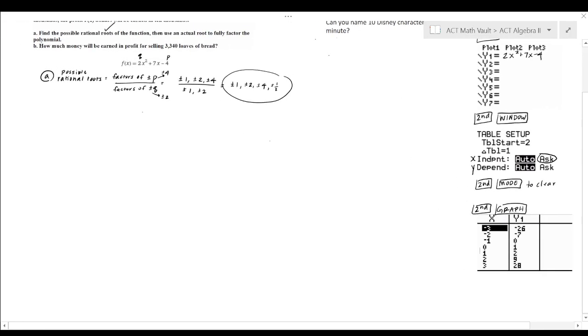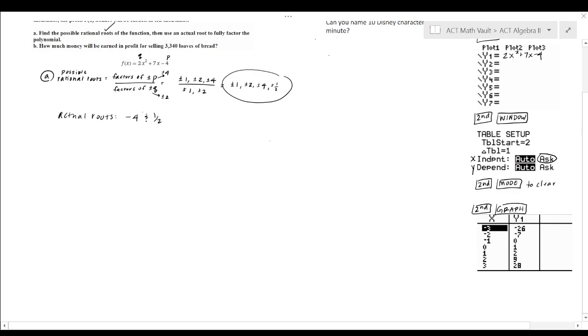Okay, so actual root, I'm finding -4, and let me do the 0.5 and -0.5. And hey, 1/2 works.